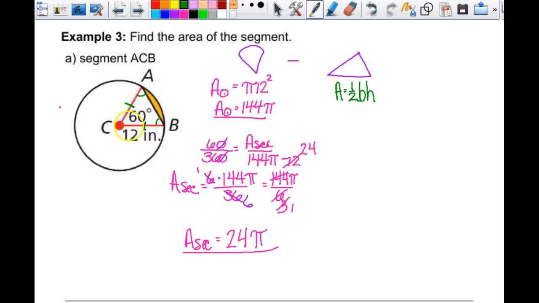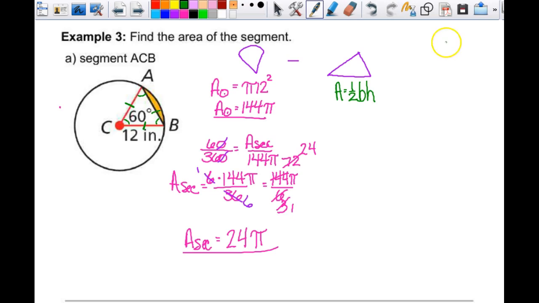Since this is 60 and these two are congruent, it does end up being an equilateral, but do not think just because you see a 60-degree angle, because I could put it in another spot and that may not be the case. Okay, so just be careful with that. It is equilateral and equiangular, but I have a feeling some of you that were thinking that you kind of got lucky on that just because you saw the 60, and it kind of looks like it, right? Don't go by the way it looks.